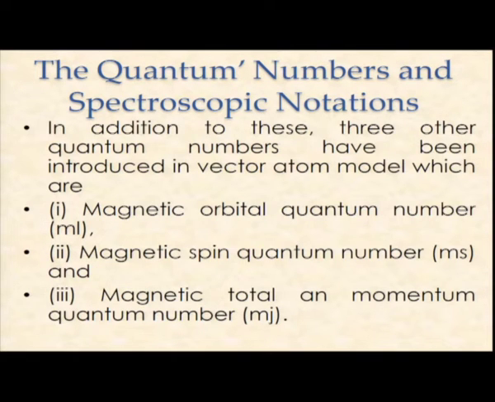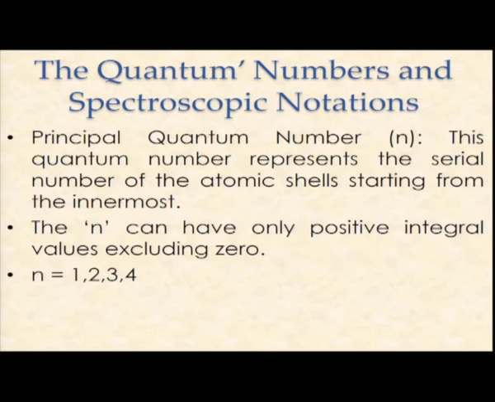In addition to these, three other quantum numbers have been introduced in the vector atom model. Those are the magnetic orbital quantum number ml, the magnetic spin quantum number ms, and the magnetic total angular momentum quantum number mj. These are the quantum numbers existing in atomic physics or in modern physics.